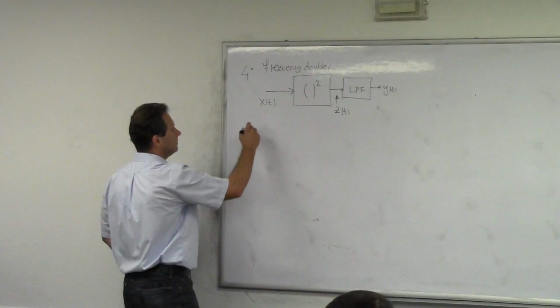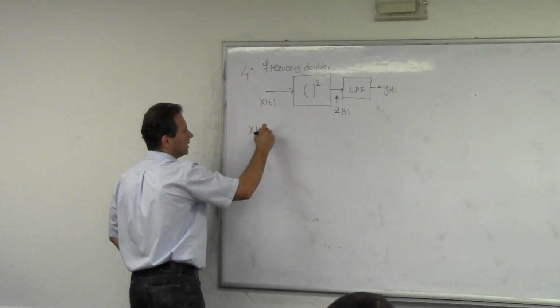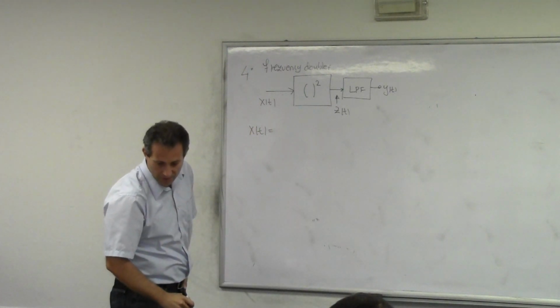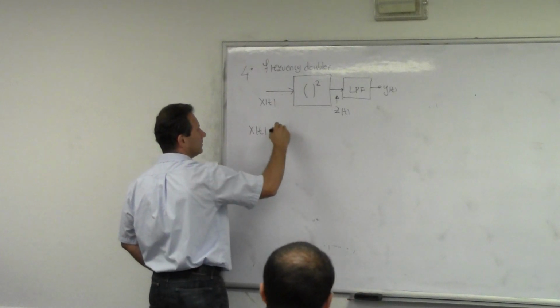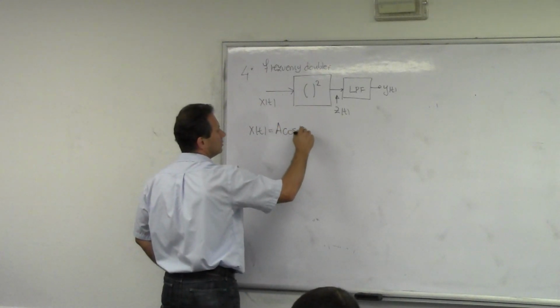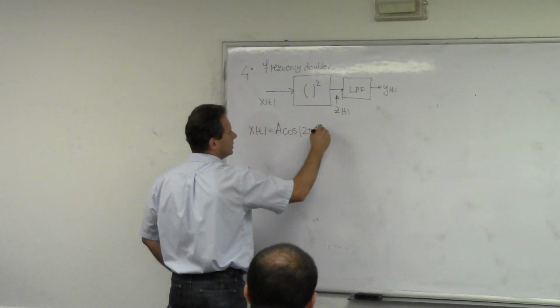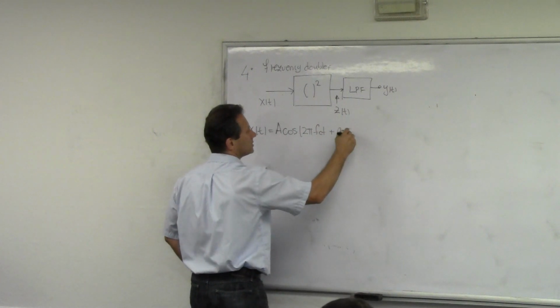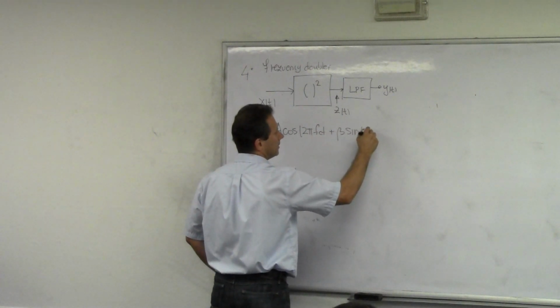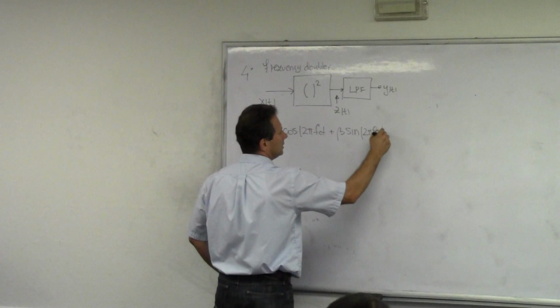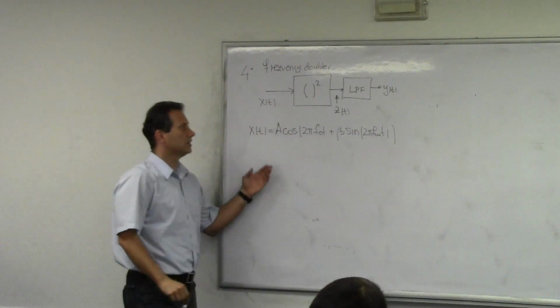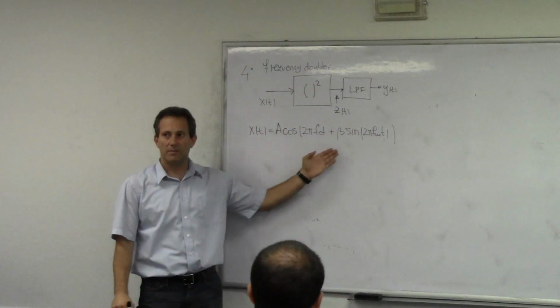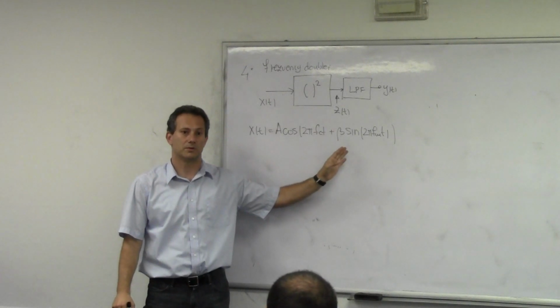Here, my x of t is a signal that appears here, an angle modulated signal, a cosine of 2 pi fct plus beta sine 2 pi fm t. This is an angle modulated signal where the message signal is a pure tone.